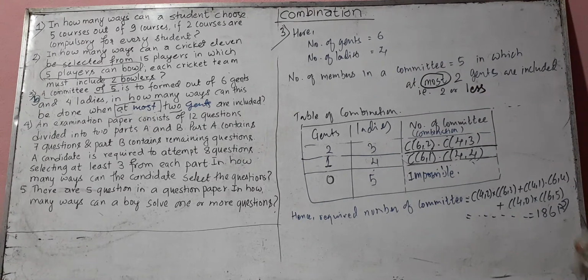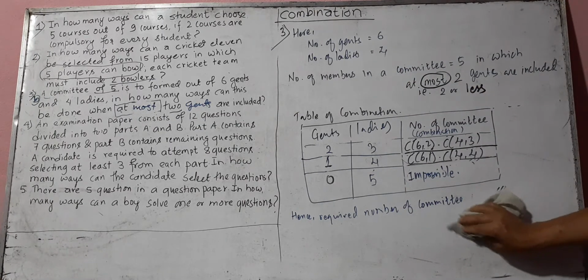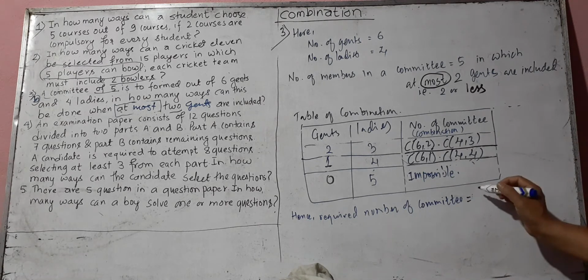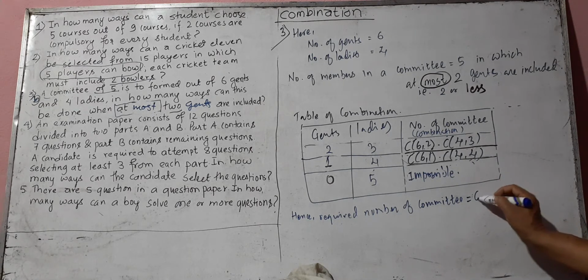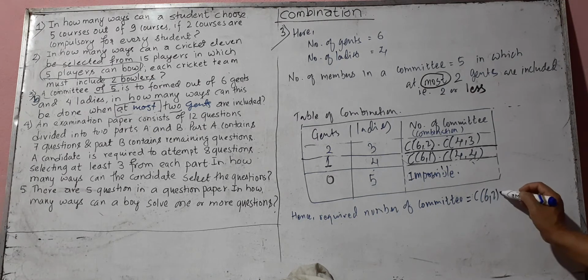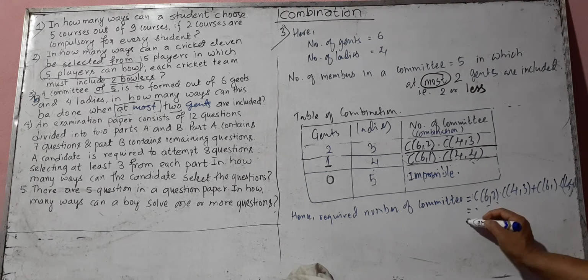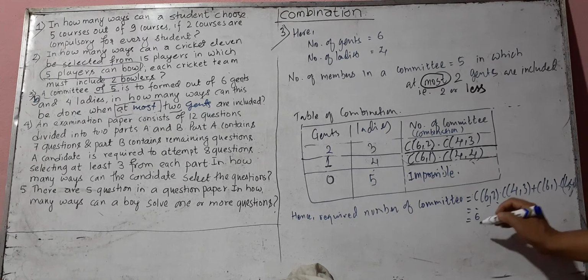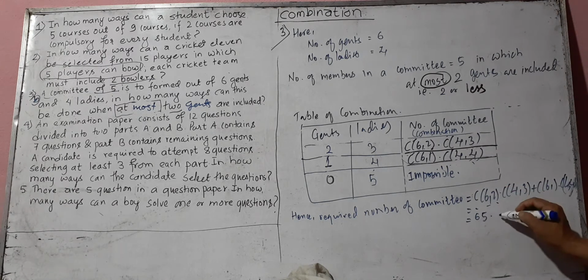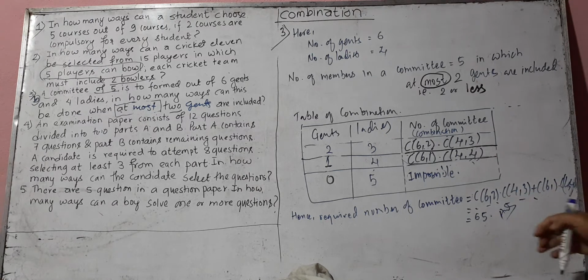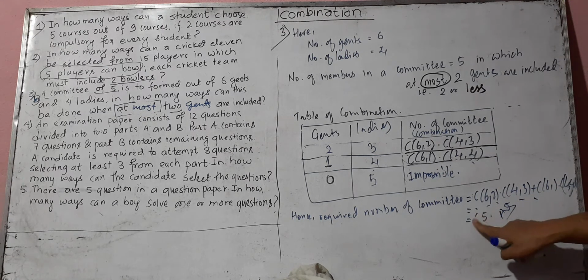So we have only this much: C6,2 into C4,3 plus C6,1 times C4,4. On calculation you will get the value 65. Do the calculations yourself and test the result.